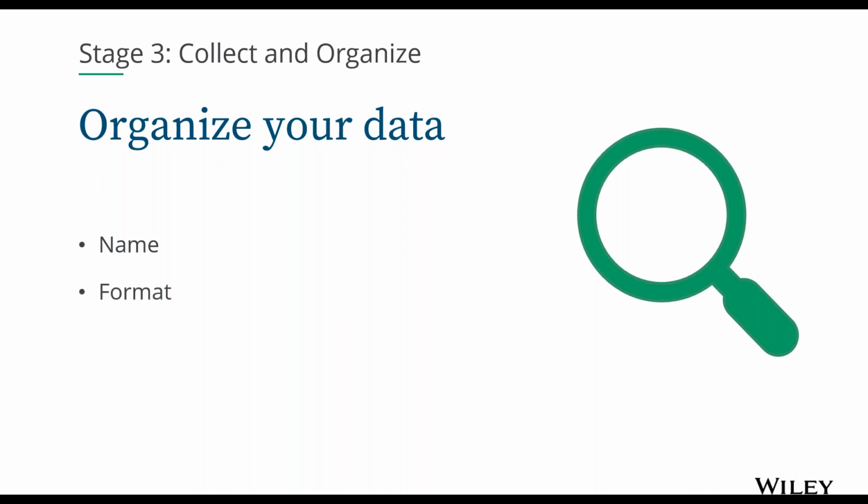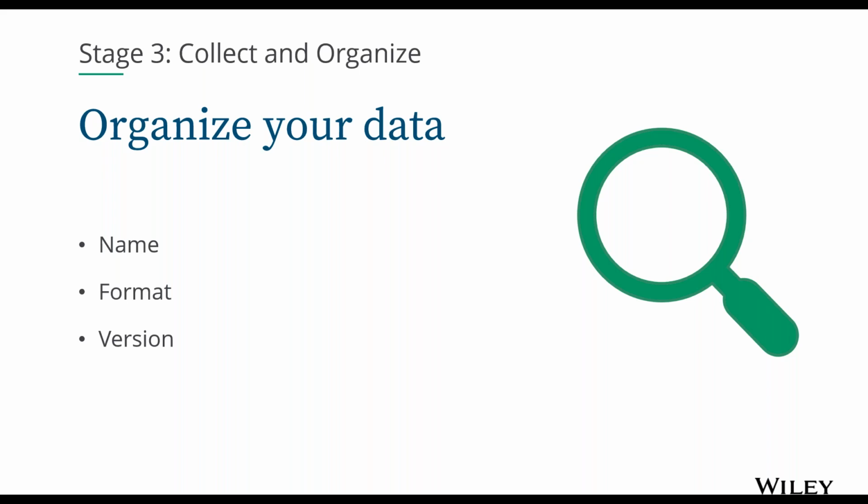So for every type of file, you want to be consistent in the format that you use to save it, so that later on, when you go to find your data, it's much easier to locate it. Lastly, if you're going to archive or share your data, you need to consider the versions of that data. Again, it's like what I mentioned before.